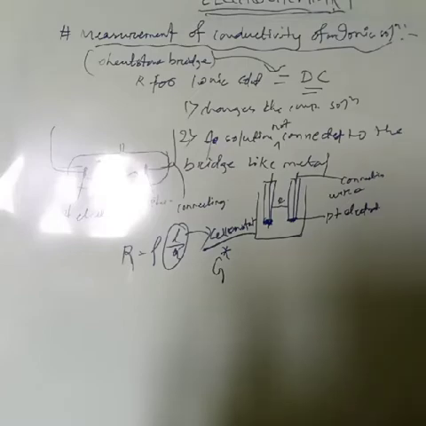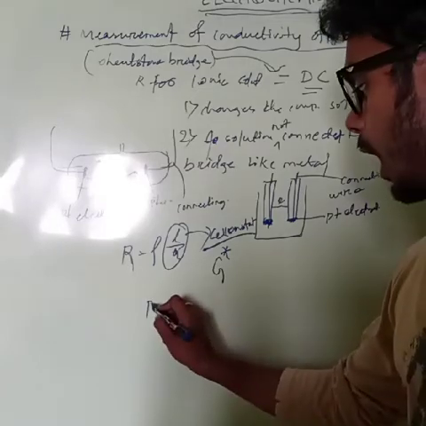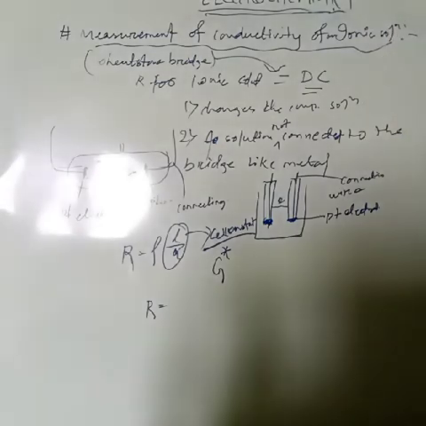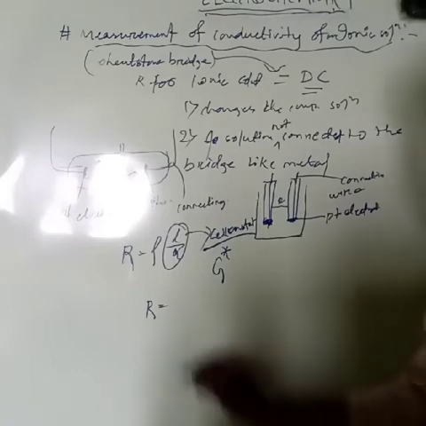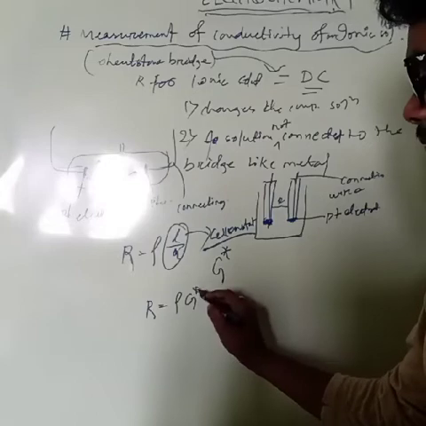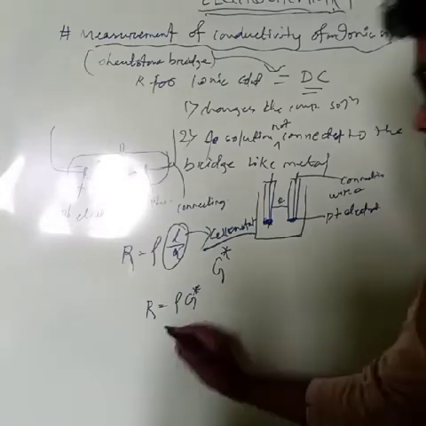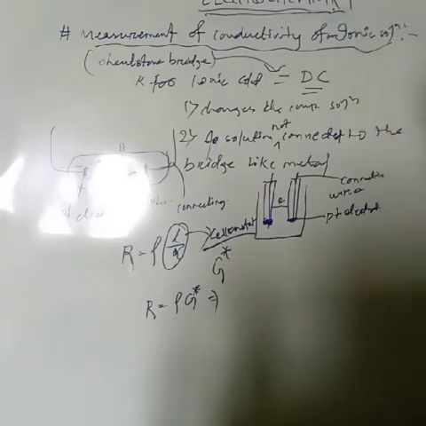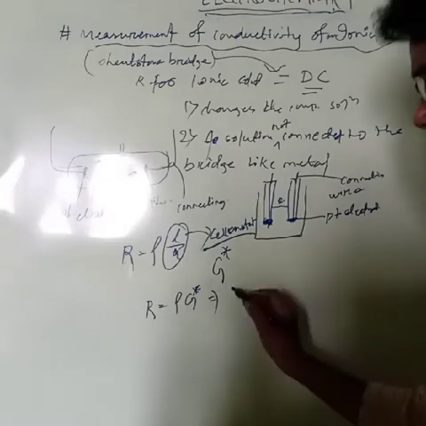So R equals rho G star. How will you find G star, that is the cell constant?